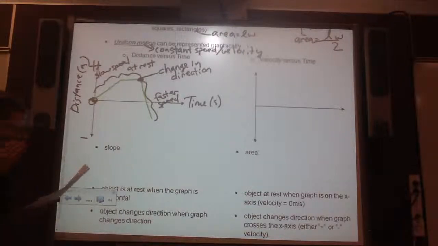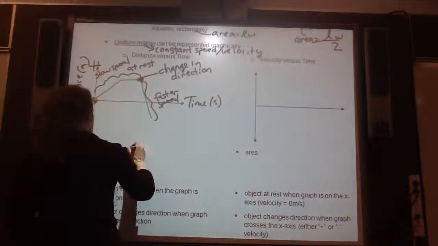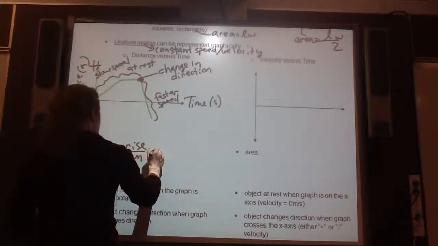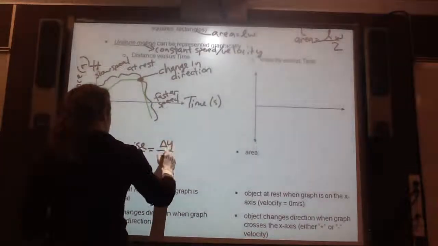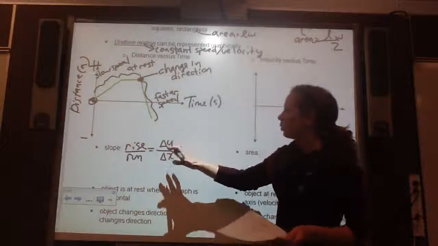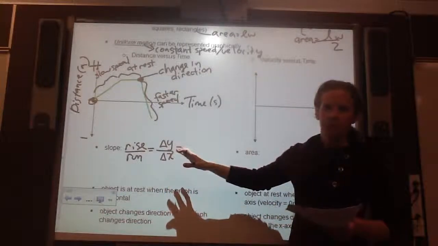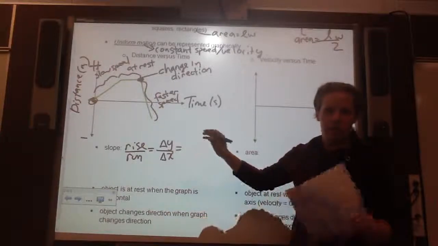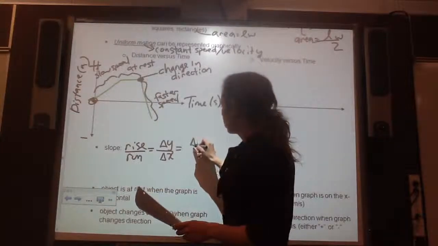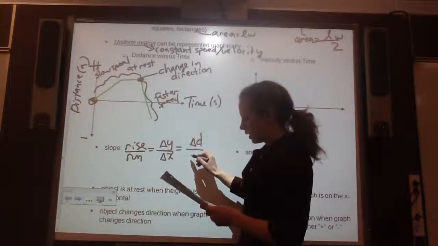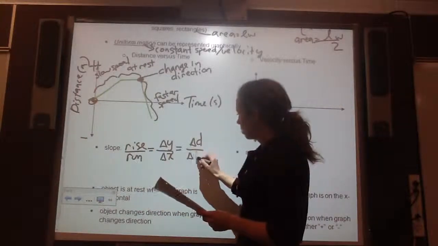Okay, so slope, then, we know, is rise over run, equal to delta y over delta x. So, what is my y-axis? What's it called? It's distance, so I can say this is the change in distance. And my x-axis is time, so that's my change in time.